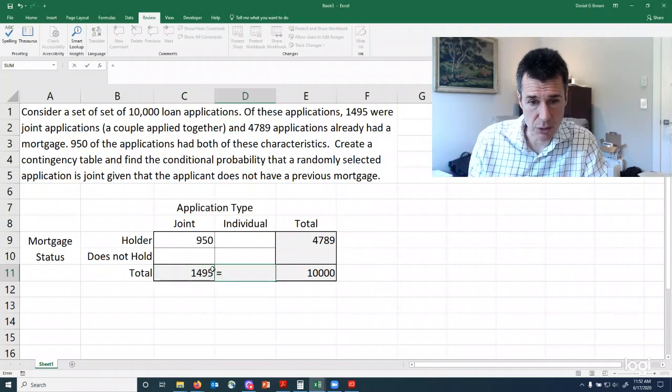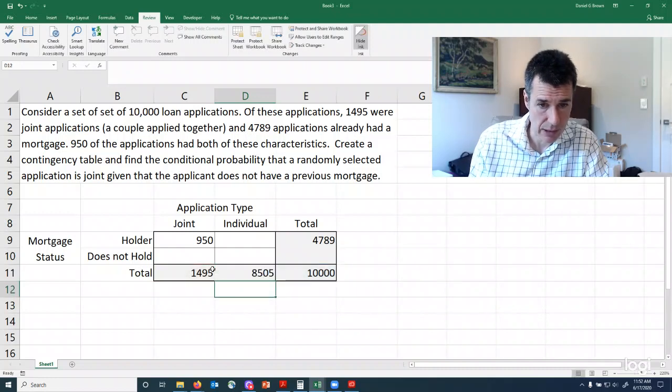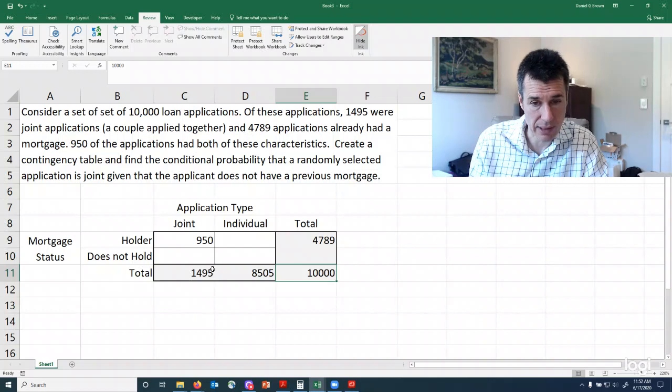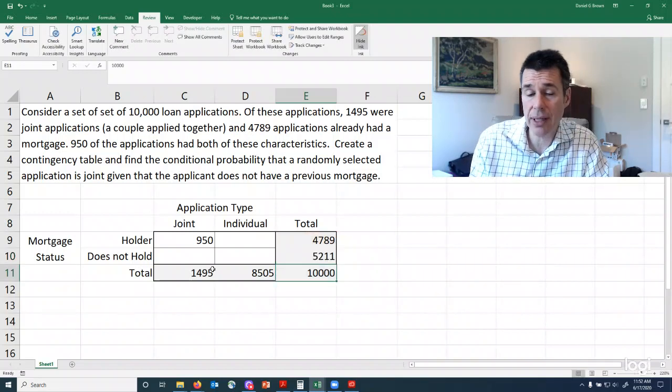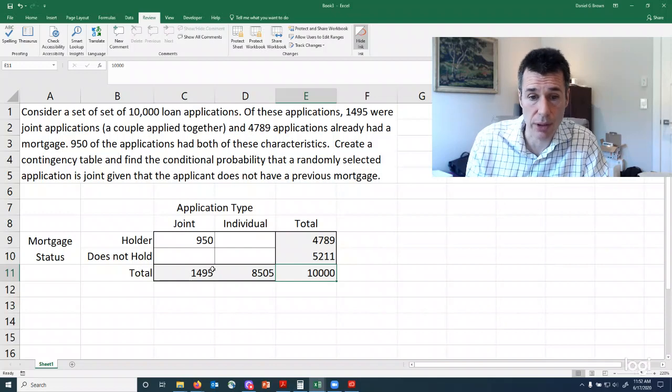So the individuals has to be the missing 8,505 because we know this row adds up to 10,000. The does not hold a mortgage applicants has to be 10,000 minus 4,789, the missing 5,211.